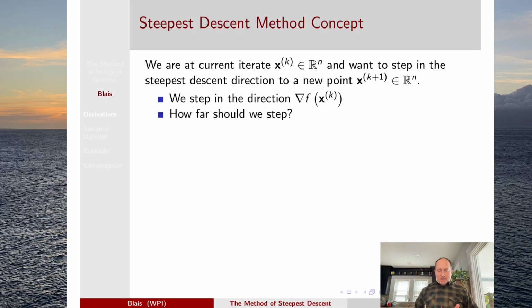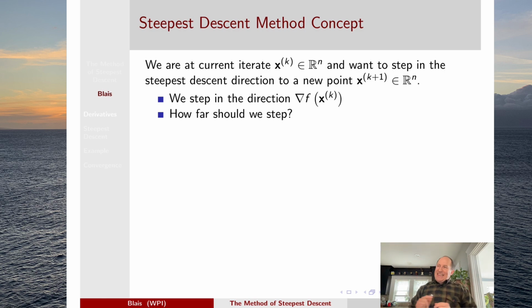If you're standing on the slope and you want the steepest uphill direction, you turn your skis in the direction of the gradient. If you want the steepest downhill direction, you do a 180 and point in the opposite direction. That is the first step in the method of steepest descent, right? Which u do we want? We want the direction of the negative gradient.